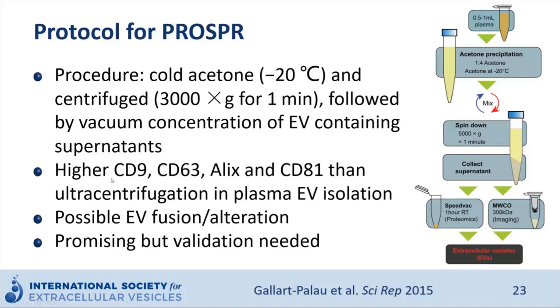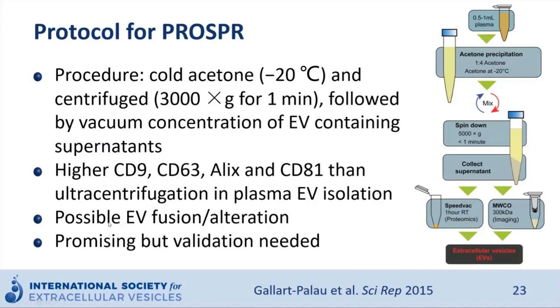So in this paper, the authors showed that ProSPR could obtain EVs with even higher purity than ultracentrifugation. For example, they show ProSPR EVs have higher CD9, CD63, ALIX, CD81, and so on. Especially, this simple method showed a very nice performance to remove lipoproteins and albumin.